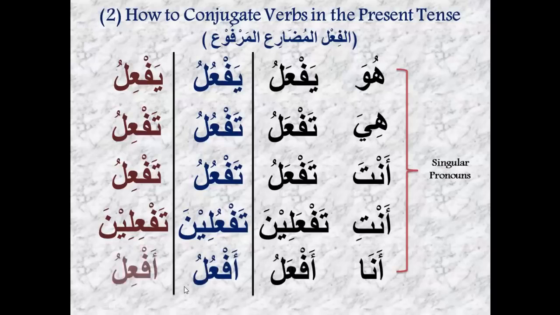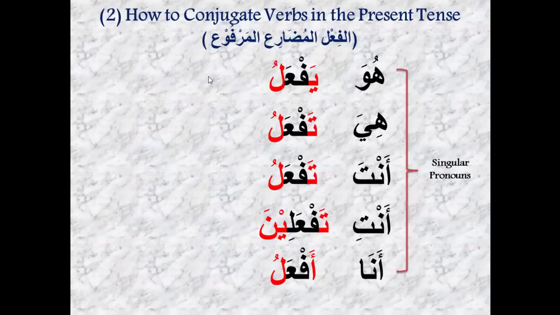Now, I want you to memorize just this column right here. You can ignore the other 2 because these are just variations on the middle vowel, which can be adjusted for. And notice I've highlighted the modifications in red. So we have yaf'alu for huwa, there's a ya in the front. Hiya, anta, and anti all have a ta in the front.